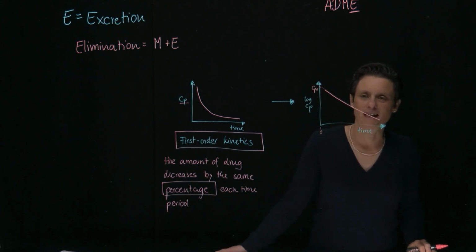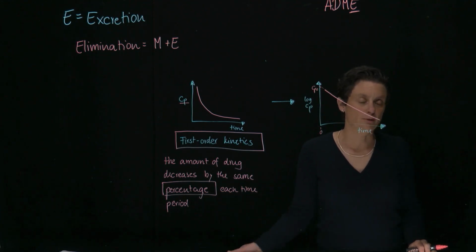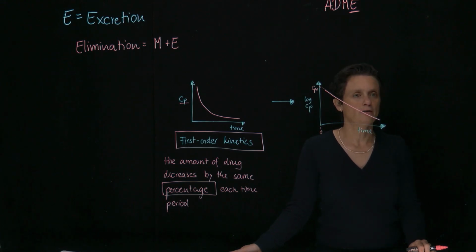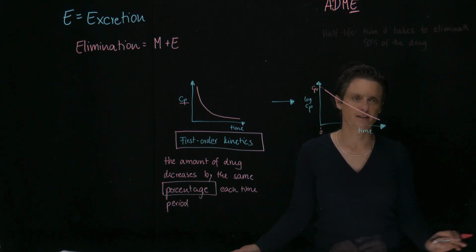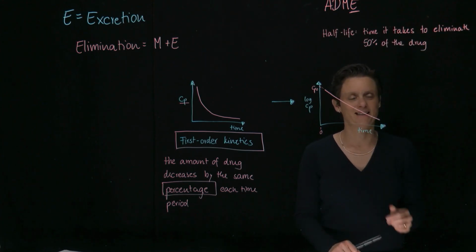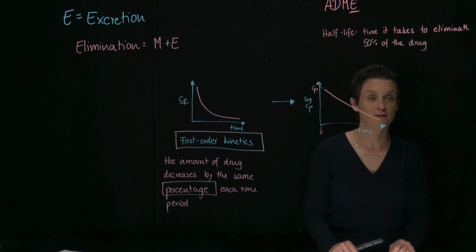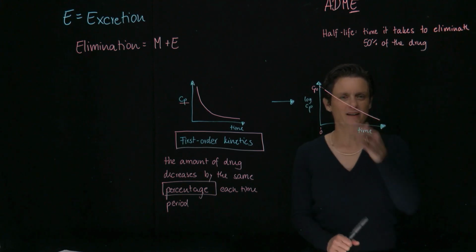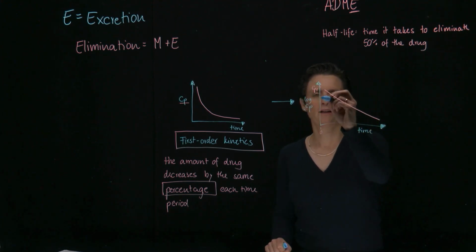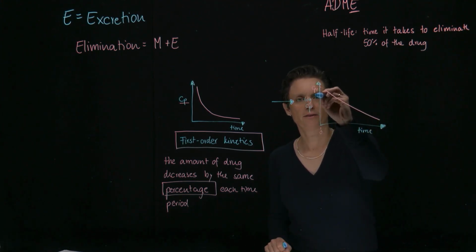Another thing we can get from such a line, we can easily read off, let's say, the half-life. How is a half-life defined? I hope you're going to say it's the time it takes to eliminate 50% of the drug. And why is it easy to read off such a line? Well, let's suppose I have here 4 milligram per liter and here 2.